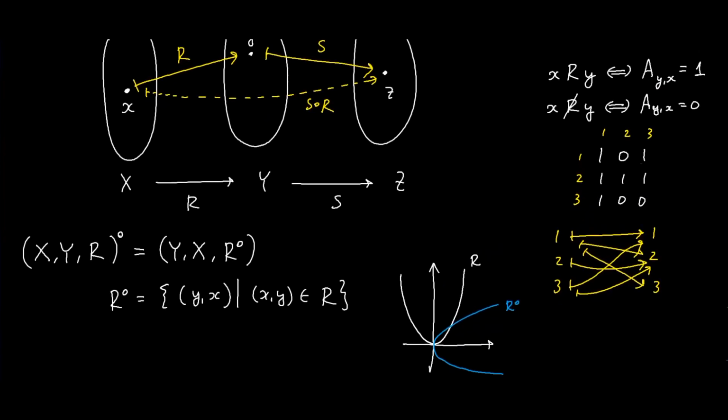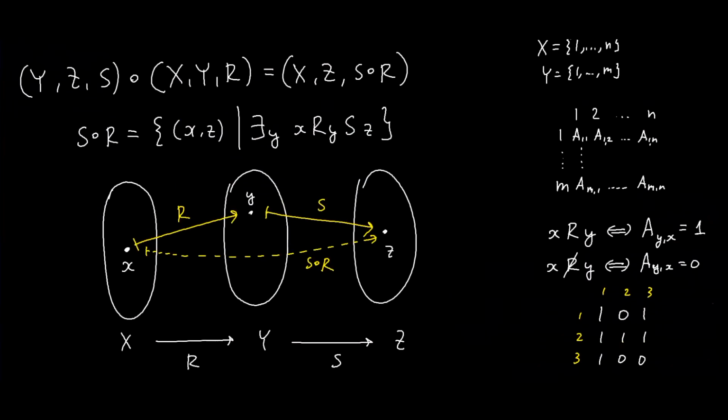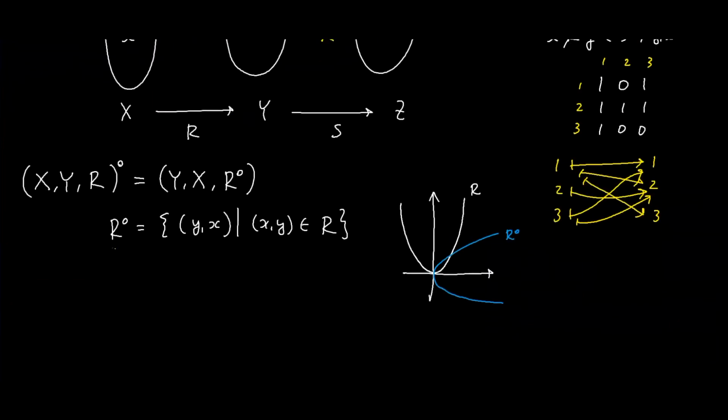Now with these two operations, the operation of composing relations and the operation of taking the opposite of a relation, let's maybe clarify this here. This is called the opposite relation.